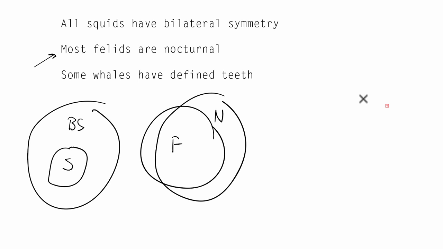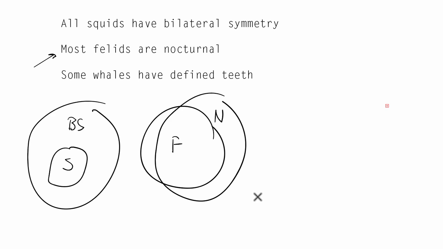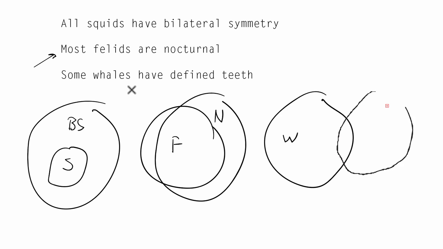And then with this last one, we just know that there's some overlap between this domain and this domain right here. At least one whale, at least some, have defined teeth. So if we were to draw a circle that represented all the whales in the world, we would know that there's just at least some overlap. We're not sure how much with having defined teeth.